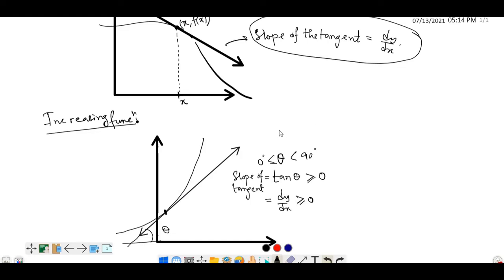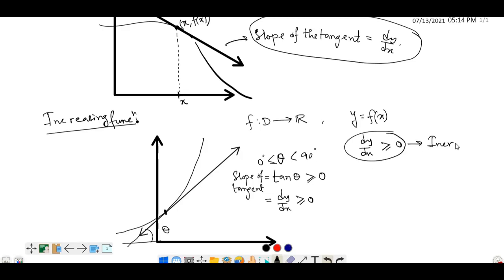So for the function f from D to R, if the graph of the function has the equation y equal to f(x), then the derivative will have a positive value, and this means the function is increasing. You can verify that from the graph also.